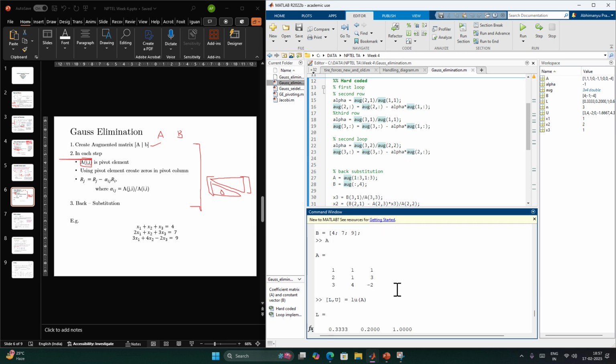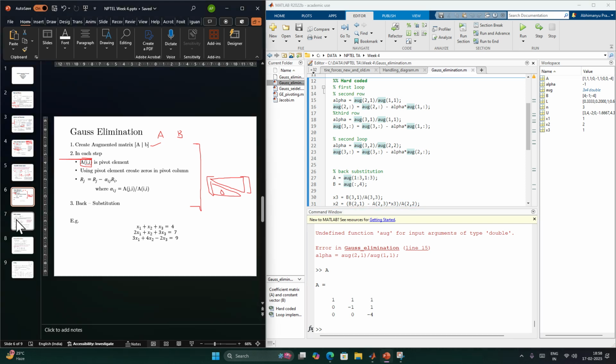Yes. So the LU decomposition that we get using the inbuilt command is different than what we are getting using the Gauss elimination. But basically what is happening is that we have a, where do I write? Let me just write over here only.